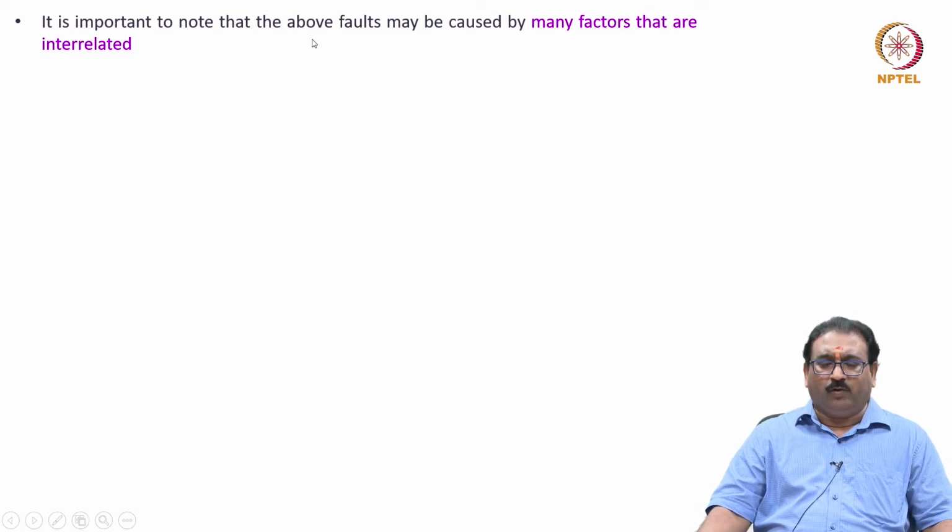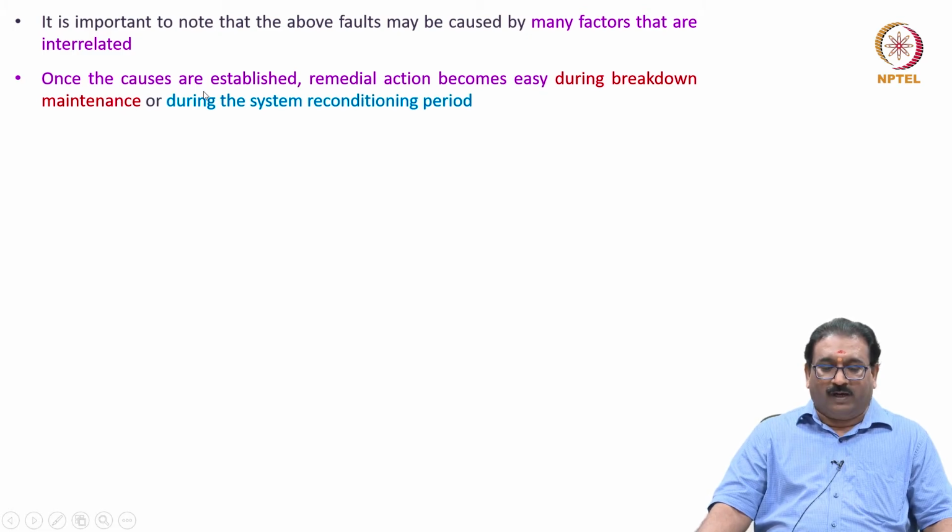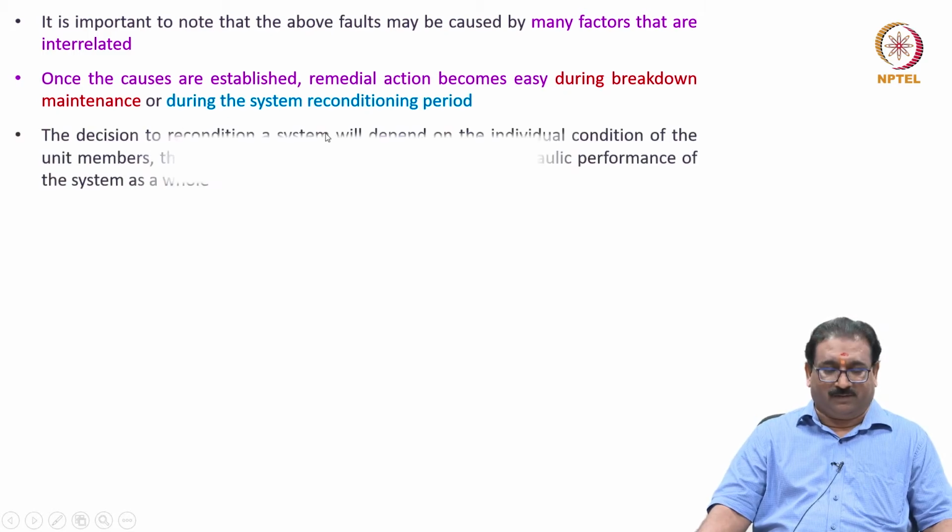It is important to note that the above faults may be caused by many factors that are interrelated. Once the causes are established, remedial action becomes easy during the breakdown maintenance or during the system reconditioning period.